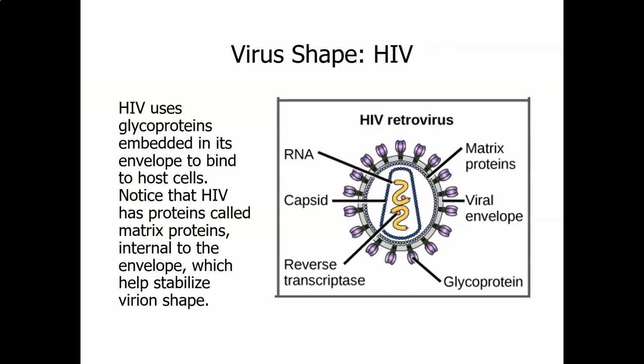Okay, now we're looking at HIV, just to compare the shape of the HIV to the adenovirus. So HIV stands for human immunodeficiency virus, which of course is the virus that causes AIDS, acquired immunodeficiency disease.